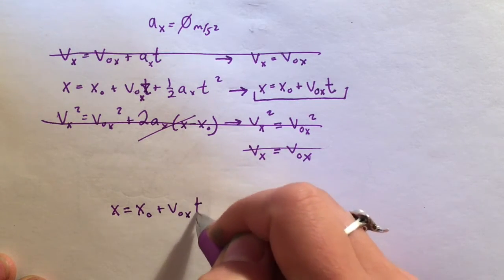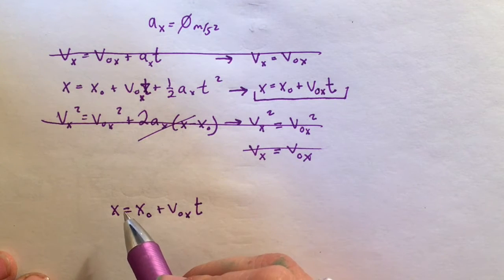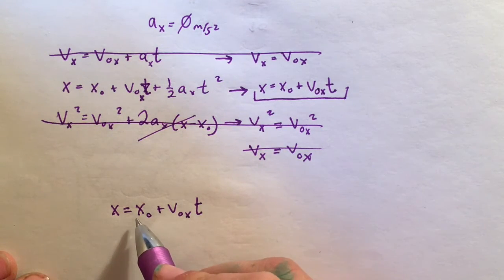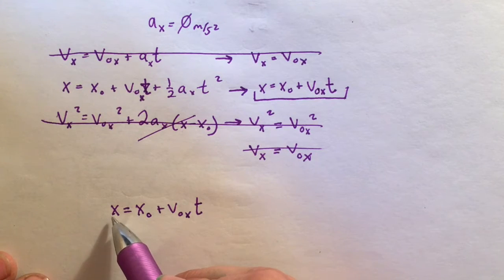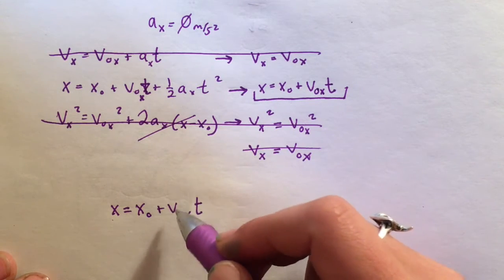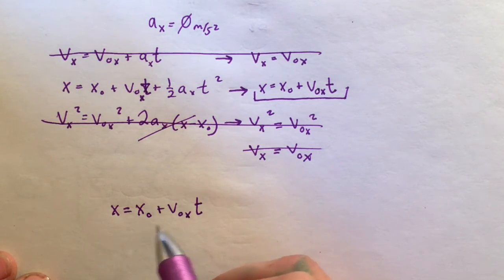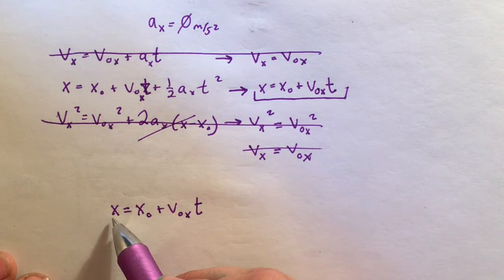Again, my only options were equations where I used x stuff because I can't mix x and y stuff together. So if my target is a horizontal speed, I can only use an equation with x stuff in it. If I go back to my problem, I know a starting horizontal position, I know a final horizontal position.